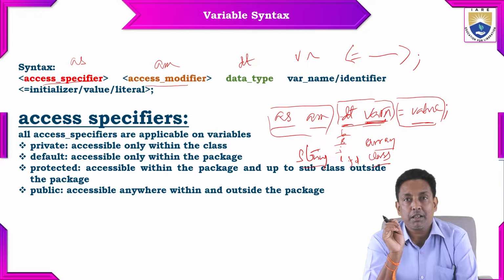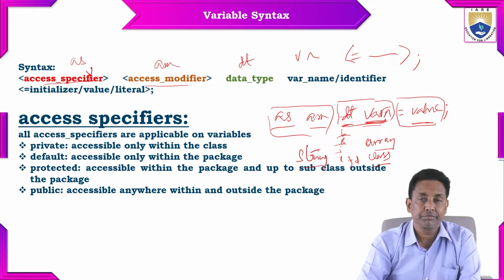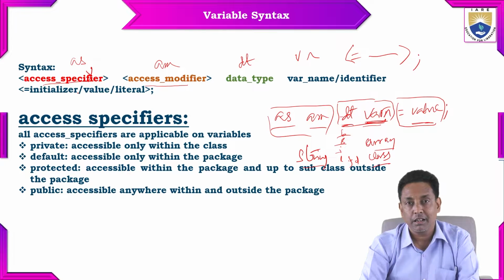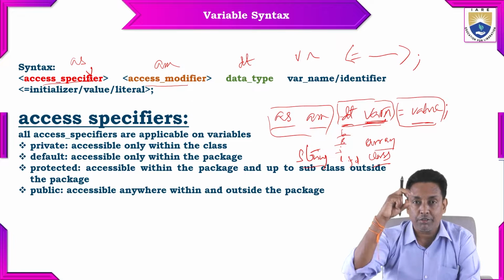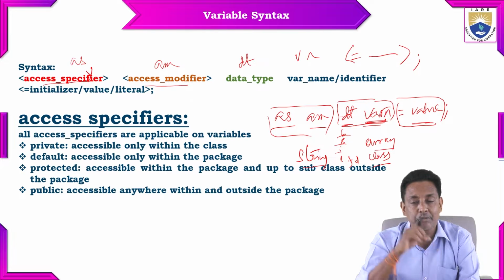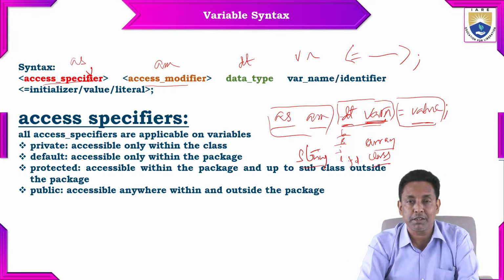If you declare a variable inside a method, an access specifier is not required. Anyway, if the occasion comes, we'll discuss it. Coming to the access modifier, variables declared inside a method are called local variables.